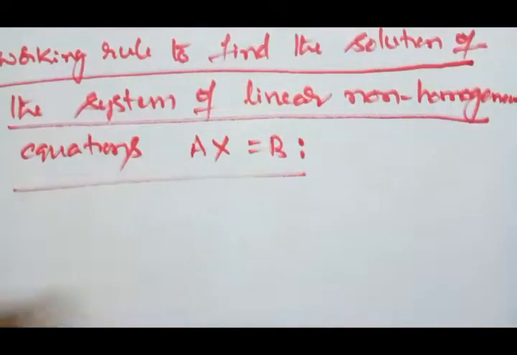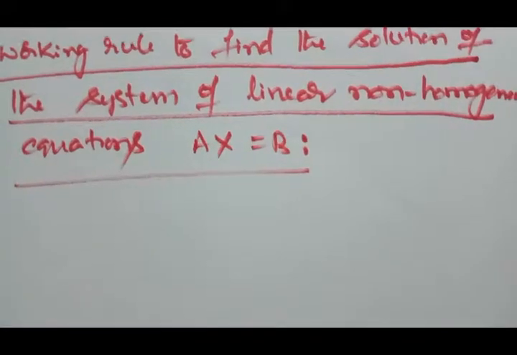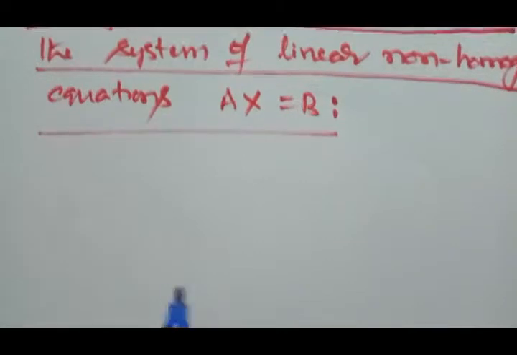How to find the solution of the linear non-homogeneous system of equations Ax is equal to b?